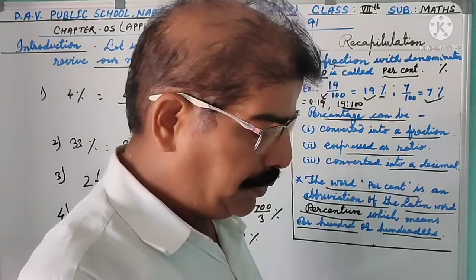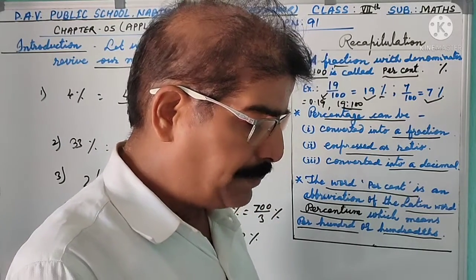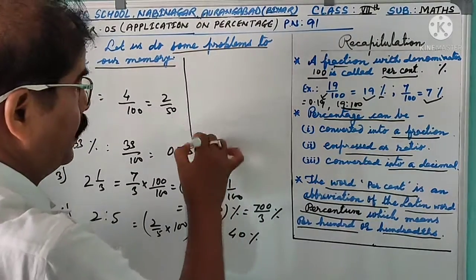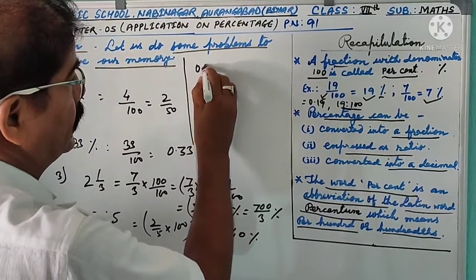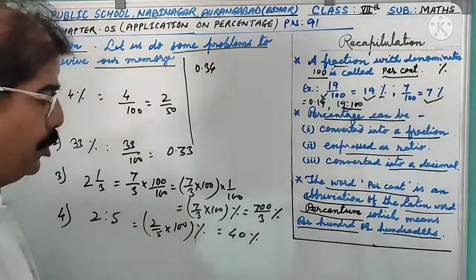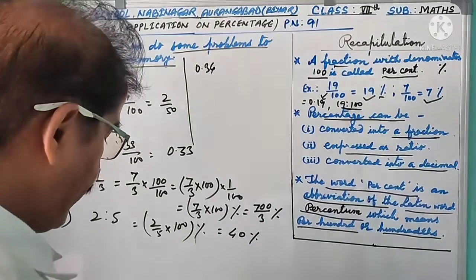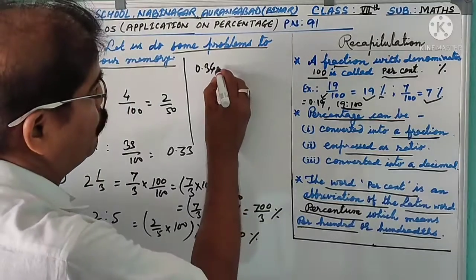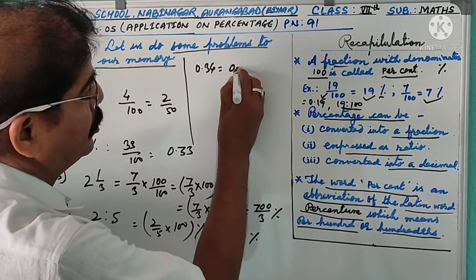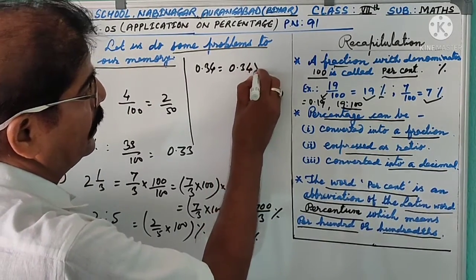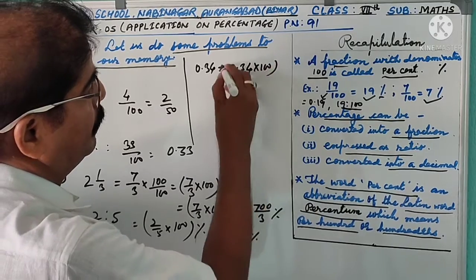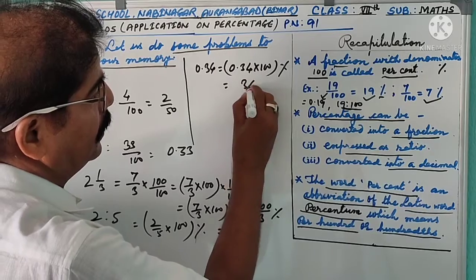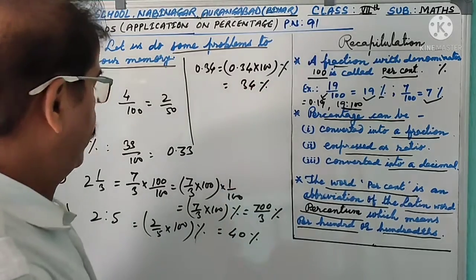And fifth, write the following decimal as percentage. 0.34. Convert 0.34 into percentage. That means 0.34 into 100% is equal to 34%.